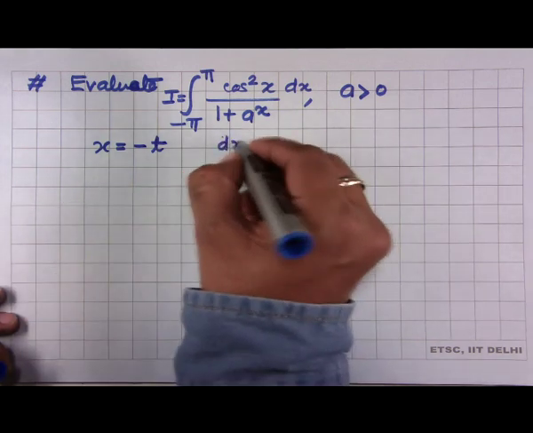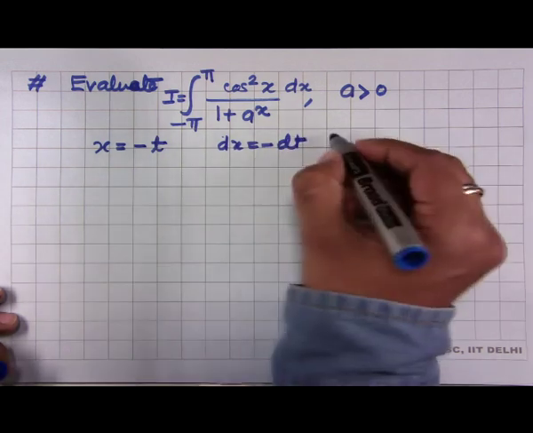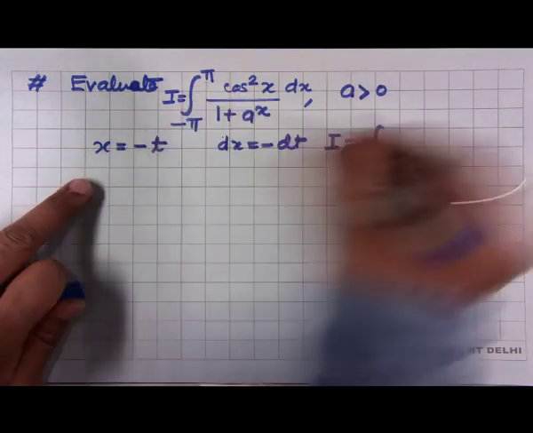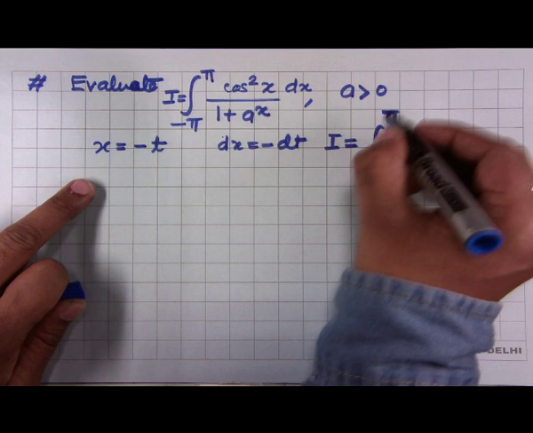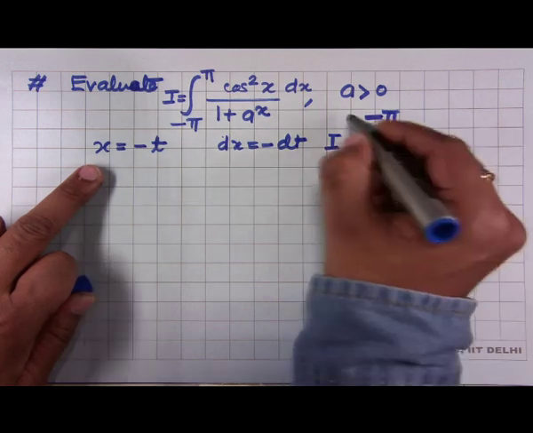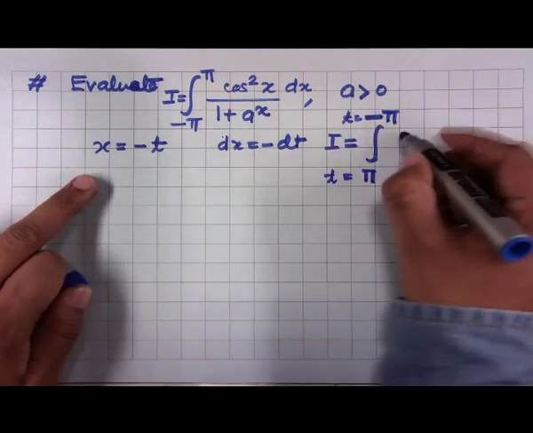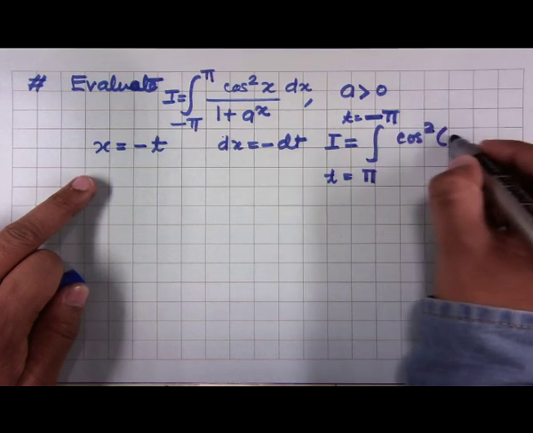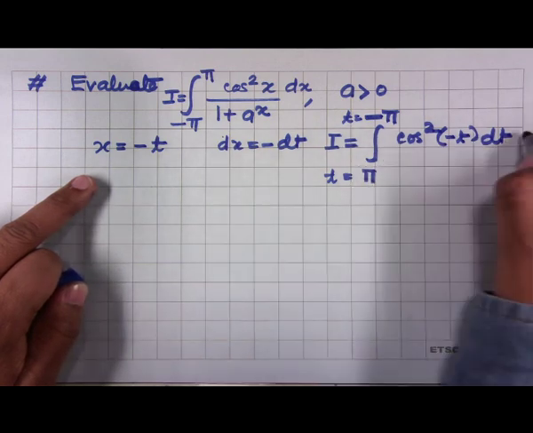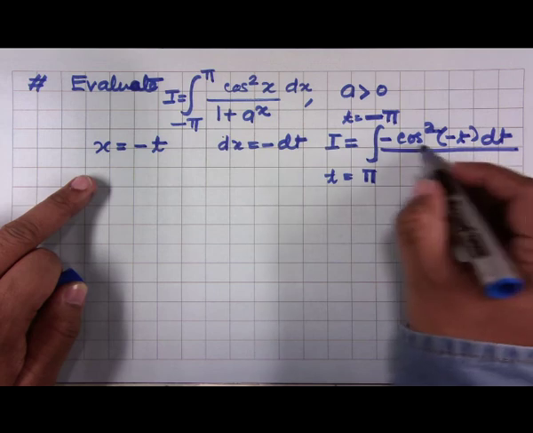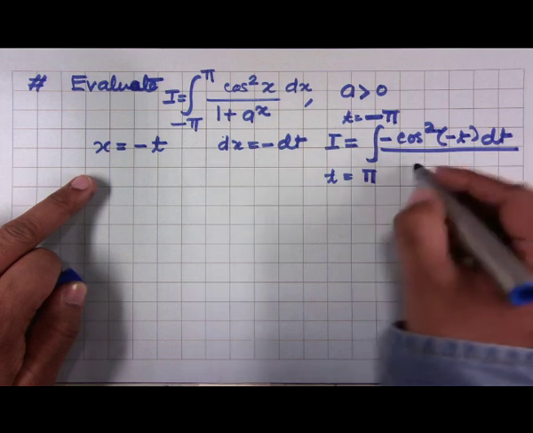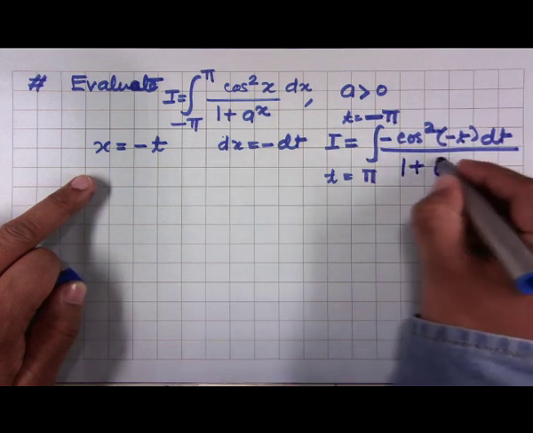If x is minus t, then dx is minus dt, and at minus pi the limit will be pi, and at pi it will be minus pi. So these are the new limits once you change the variable, and you get cos square of minus t dt with a minus sign, since dx is minus dt, over 1 plus a to the power minus t.